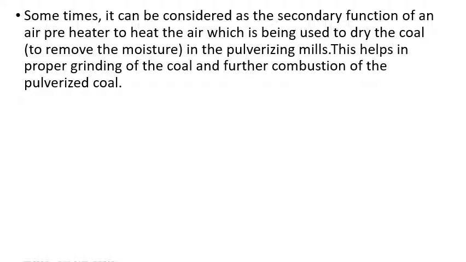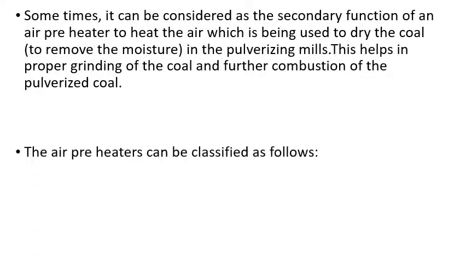See, during the rainy season, the coal will have two types of moisture: one is inherent moisture, one is surface moisture, right? The surface moisture means the moisture on the body of the coal. So that has to be dried.